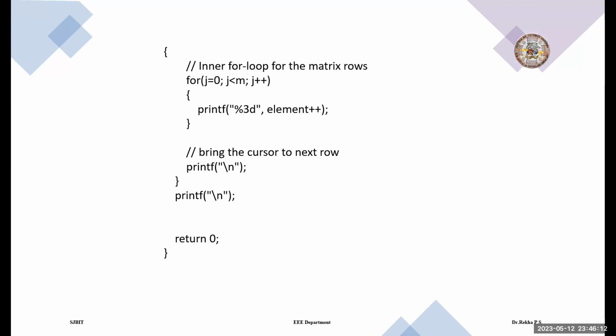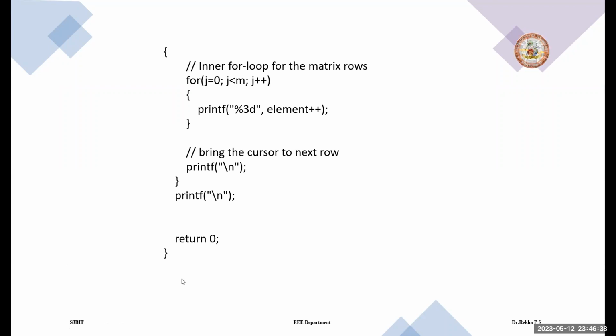And again j is incremented and it will check whether the value is less than m. If the condition is true, it will execute the printf statement. Once the condition fails, it will come out of the for loop.